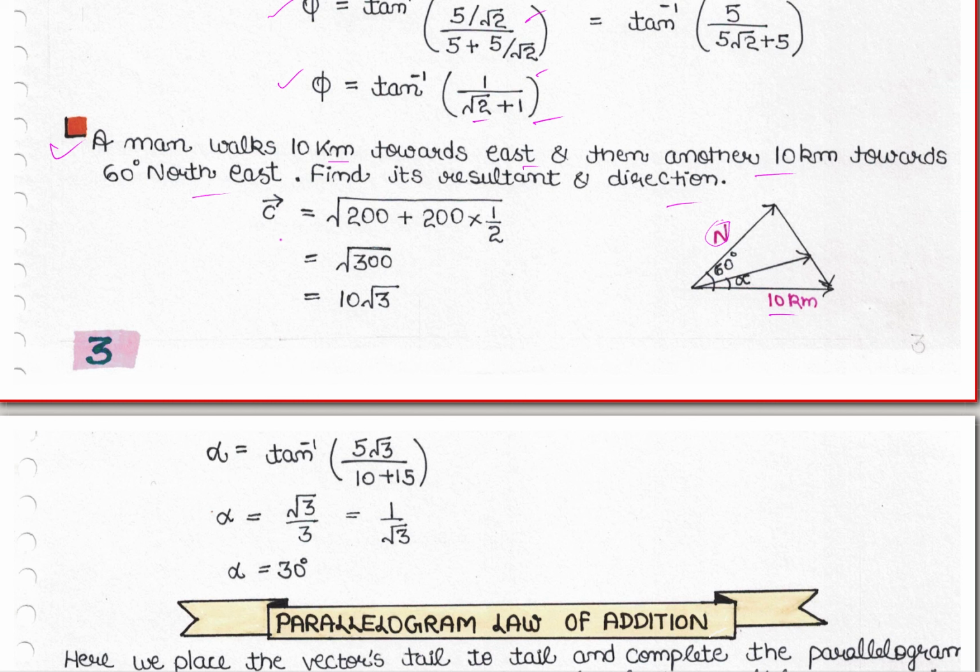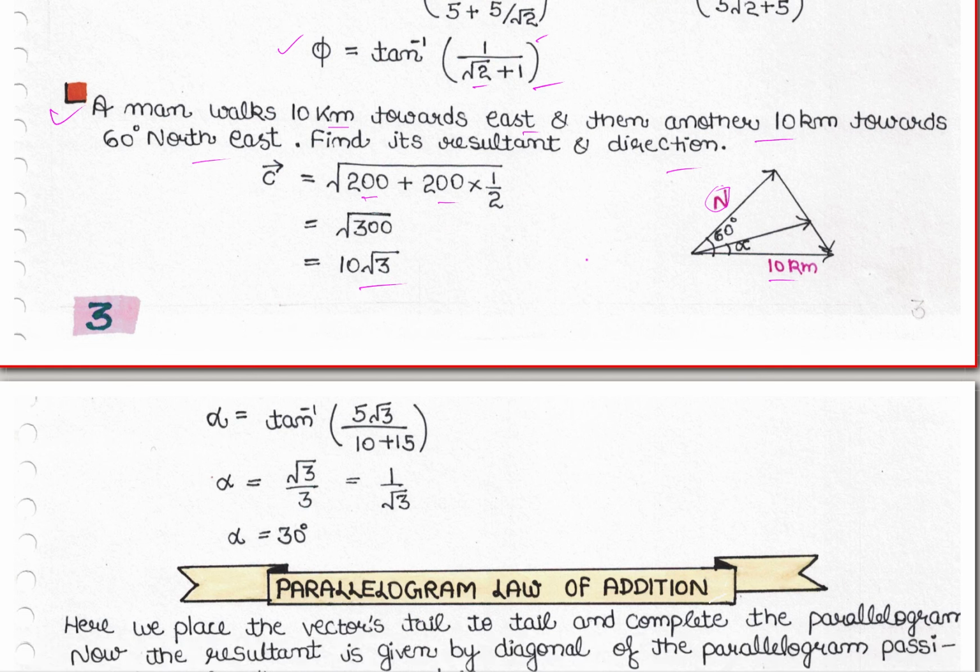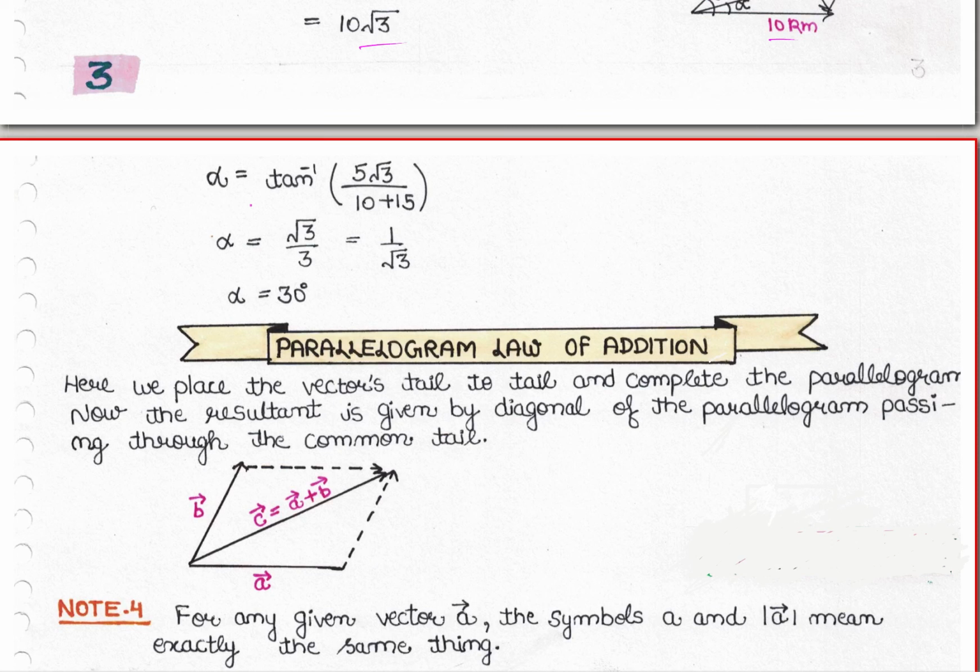So resultant vector C is equal to square root of 200 plus 200 into half, that is 10 square root of 3. You can also use the above formula of resultant vector. And the angle alpha is equal to tan inverse of 5 square root of 3 by (10 plus 5). So alpha is 30 degree.